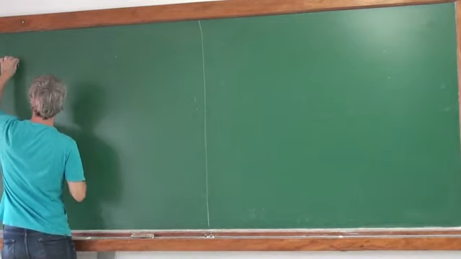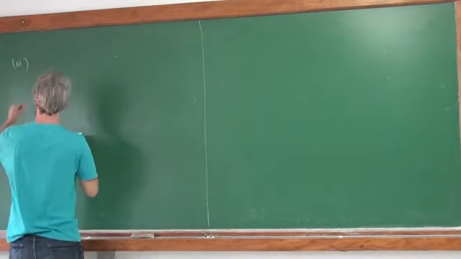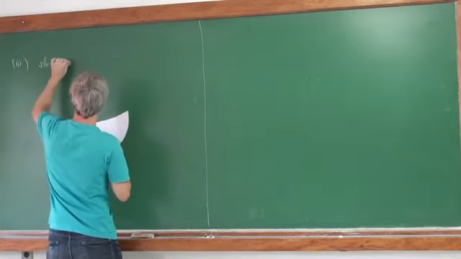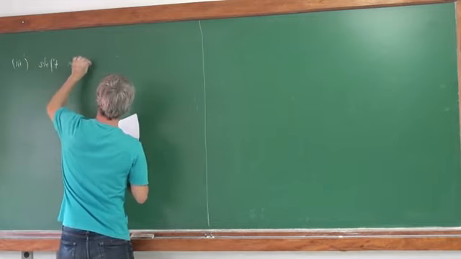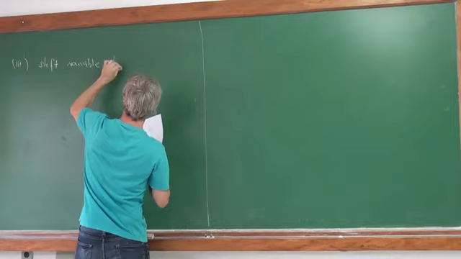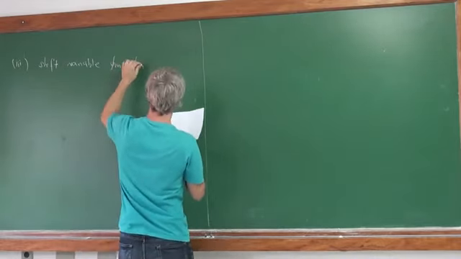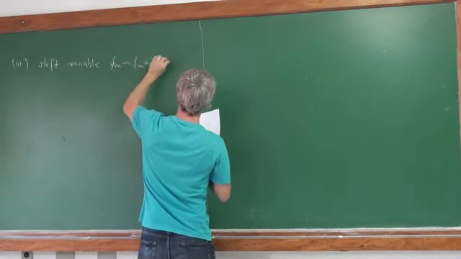Third step, shift the variable phi m in a very specific way to get rid of the interaction term.